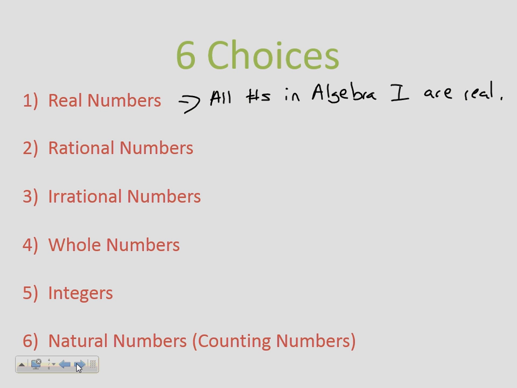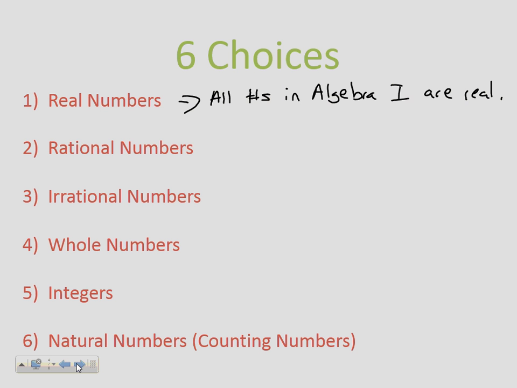Once you get into geometry and definitely into Algebra 2, you're going to talk about some numbers that are not real. Anybody know what those are called? Not real numbers. They're actually called imaginary. But again, for my class, every number is real.